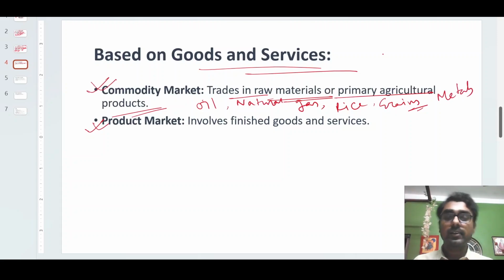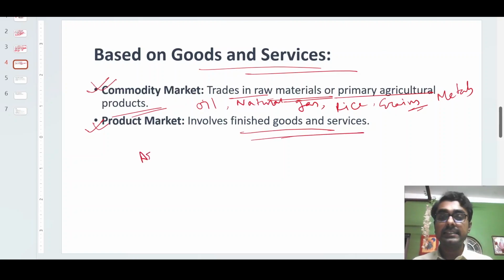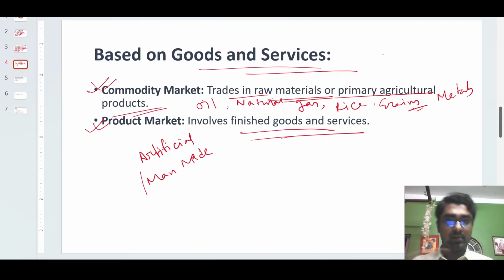In the case of the product market, what happens? The product market involves finished goods or services. Basically, that is the artificial, or man-made product, made in a company, in a production house, whatever. So that is basically the product market. That could be goods and services. I told you already in the last video about the different market entities and what different things you can sell.